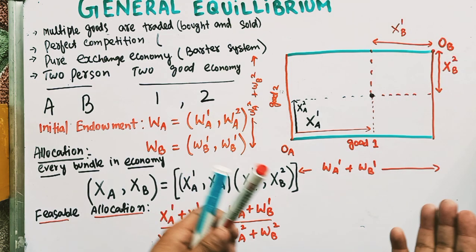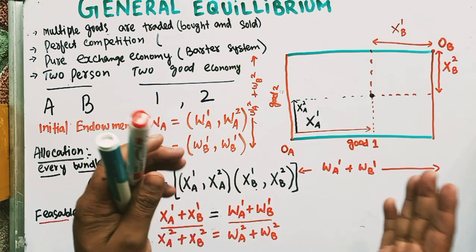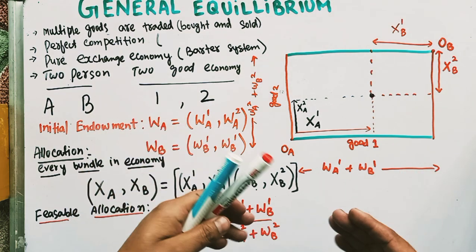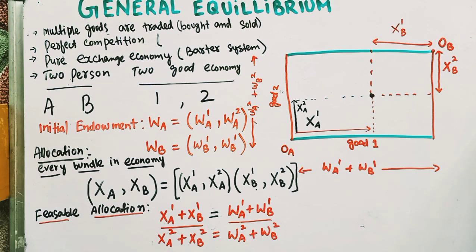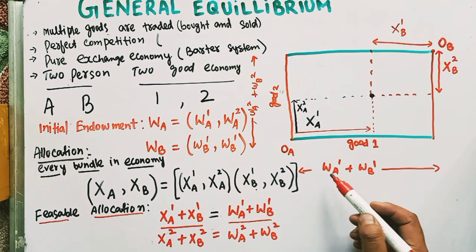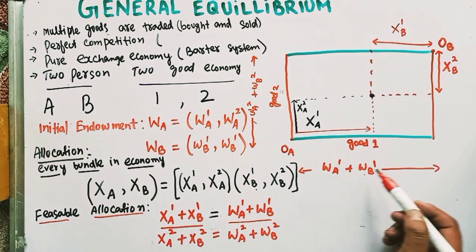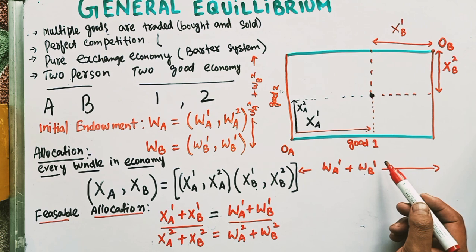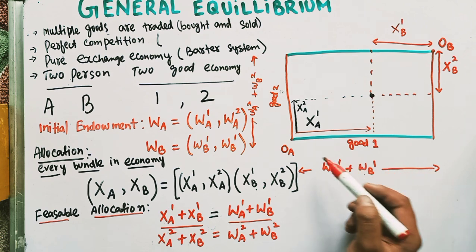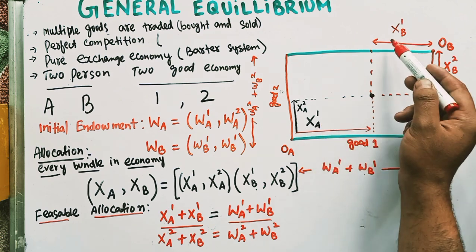So this is how we form the Edgeworth box. I'm not talking about the preferences here, as I don't have the space to draw the preferences also. Now you can easily see here that WA1 plus WB1 is equal to XA1 plus XB1.